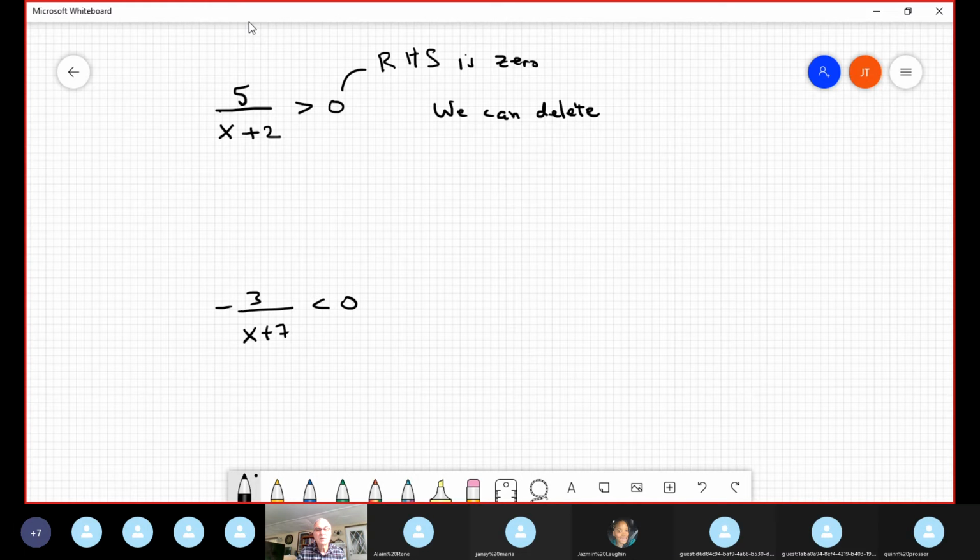This 5 is gone, and you convert this to x plus 2 greater than 0. Yes or no? Is it possible or impossible to do that? What do you think?